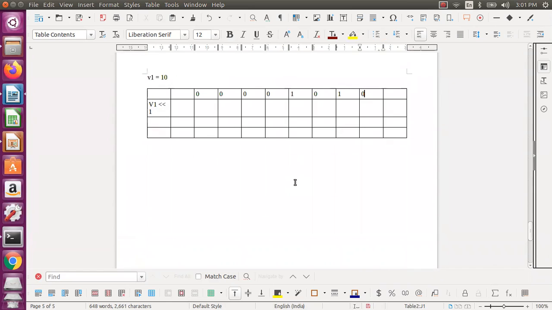Okay, so now if you see this one, we are doing a left shift, so this bit will come to this position, and then this bit will come here, like that each bit will move one position left. And then this particular 0 will be ignored, and this also will be ignored.